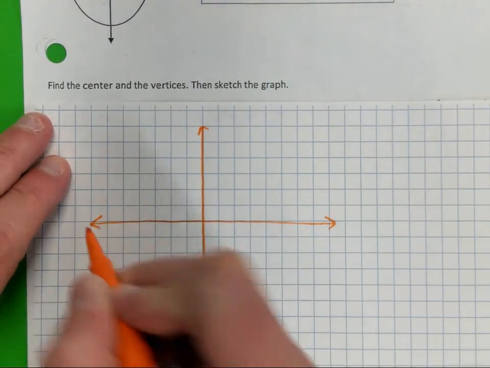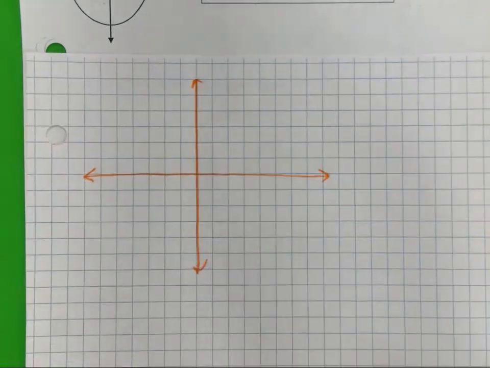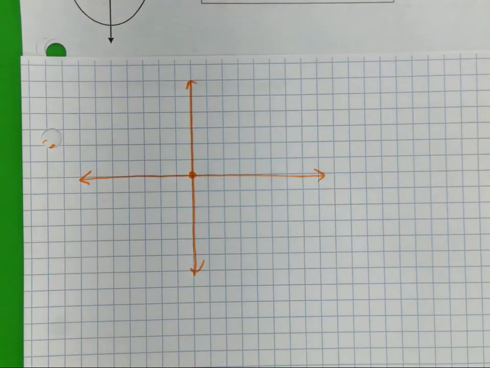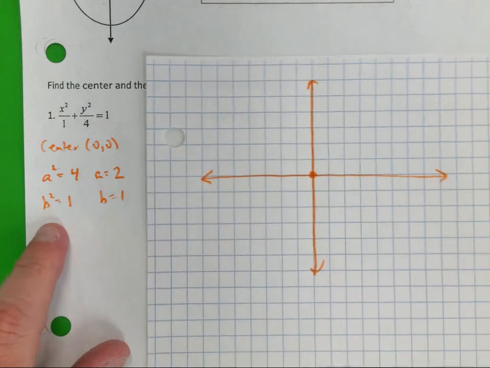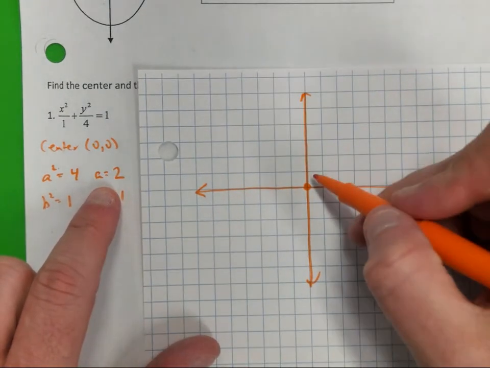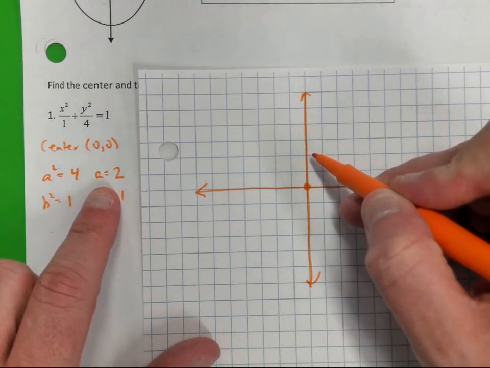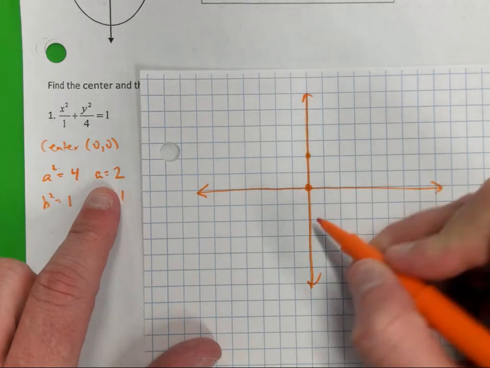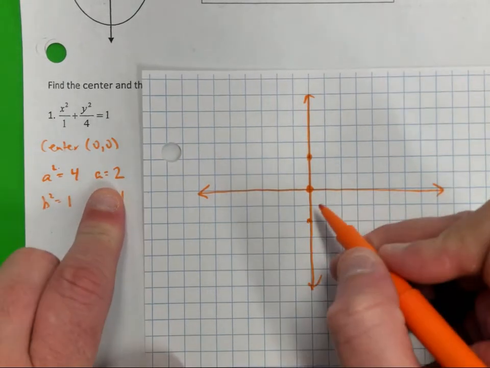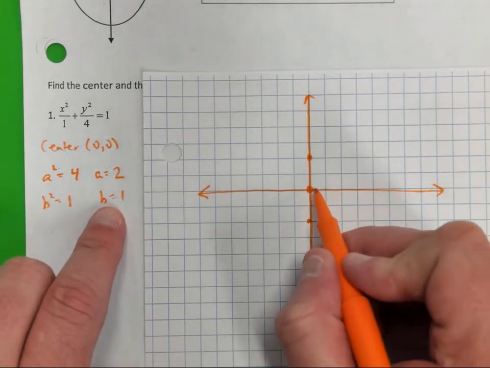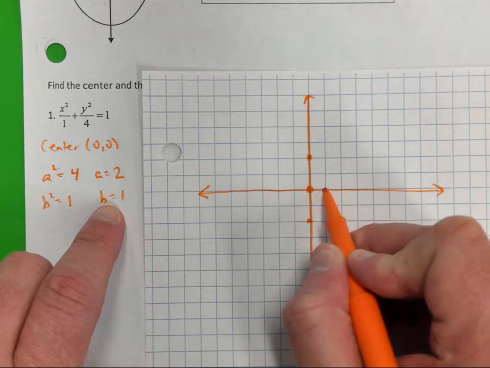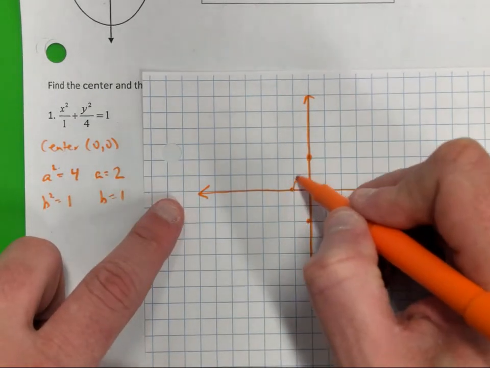Okay. So my center, 0, 0. You told me it's going to be vertical, which is correct. So that means, am I going up 2 or up 1? Up 2, and then what? Down 2. And my B value tells me I'm going to go over right 1 and left 1.